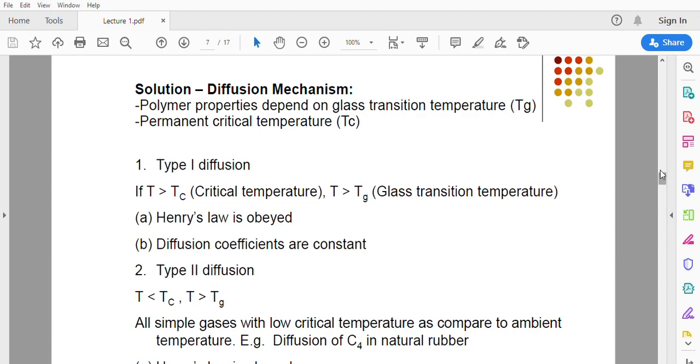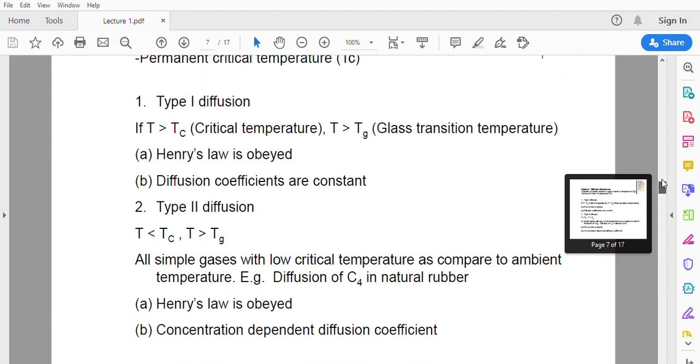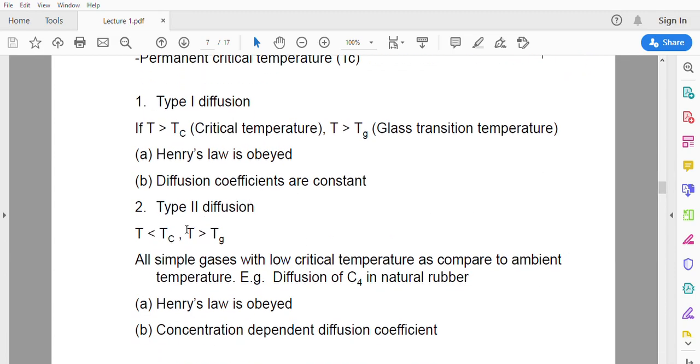Now the second condition is if the environment temperature or the process temperature is less than the critical temperature of the gas but higher than the glass transition temperature. So the gas which you want to separate out is below its critical temperature, but your membrane is above its glass transition temperature.